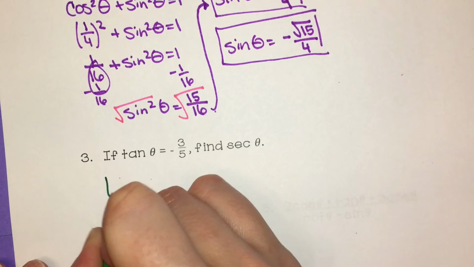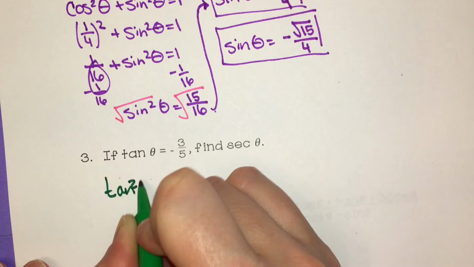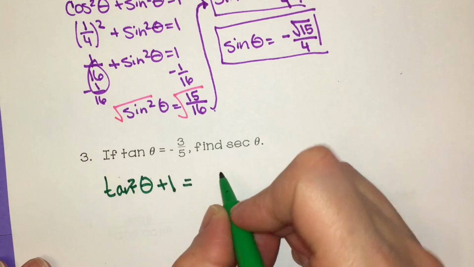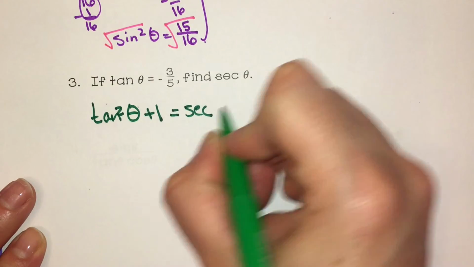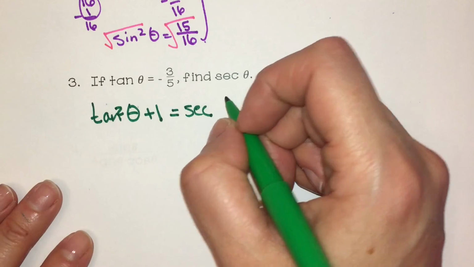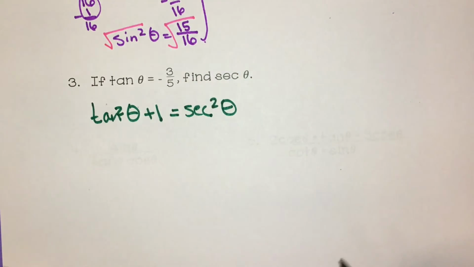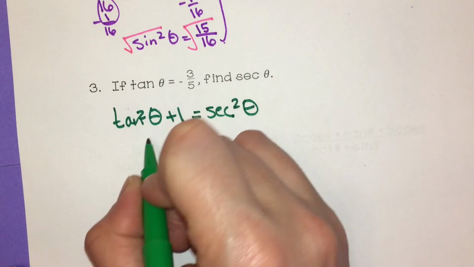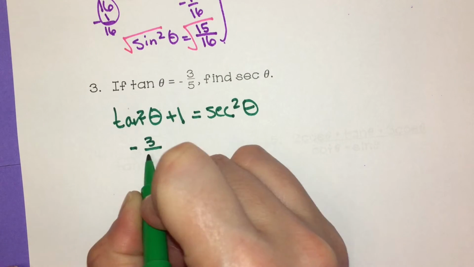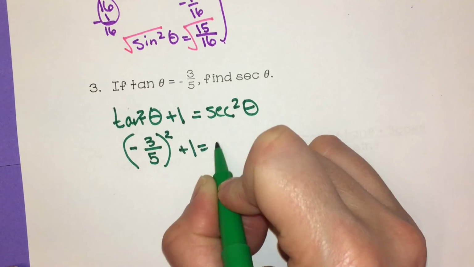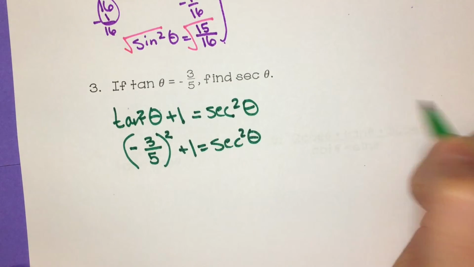All right, we have tangent squared theta plus 1 is equal to secant squared theta. I know tangent theta is negative 3/5, but this has to be squared, plus 1 is equal to secant squared theta.